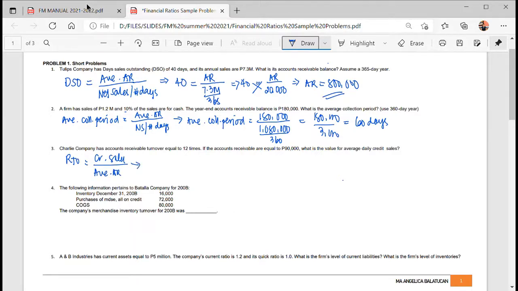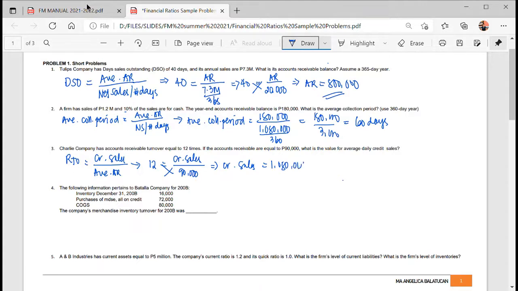Since the RTO is given, 12 equals credit sales, the item that we need to compute here, over average AR, so that's 90,000. No need to divide it by 2. So cross multiply. Therefore, your credit sales is equal to 12 times 90,000. That would be 1,080,000. This is already the final answer.